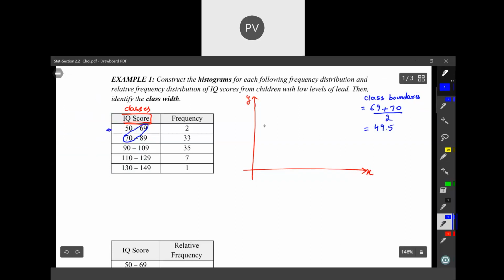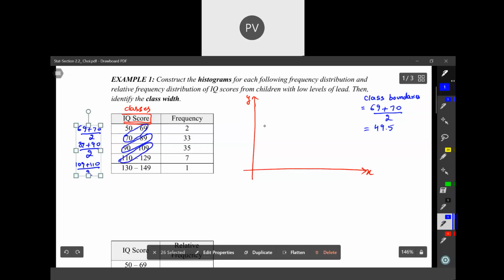How do you get the next one? It is 89 plus 90 divided by 2. And this is 109 plus 110 divided by 2.